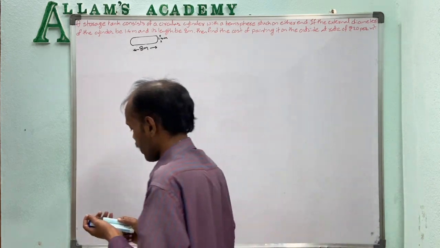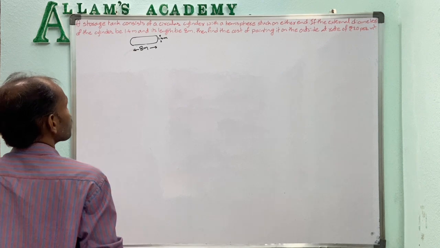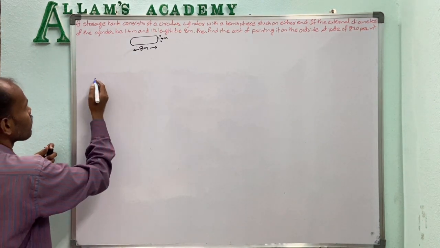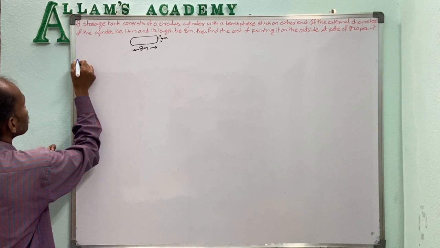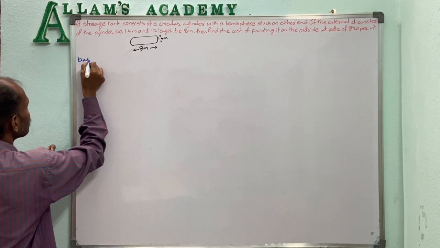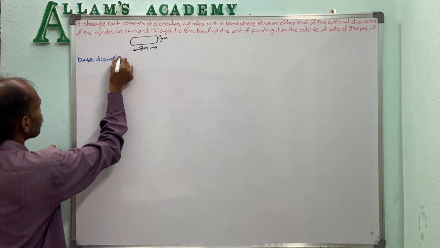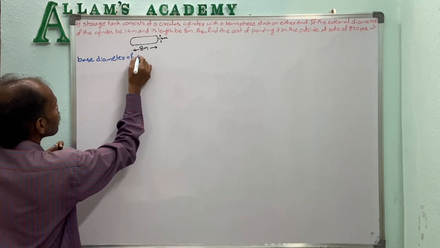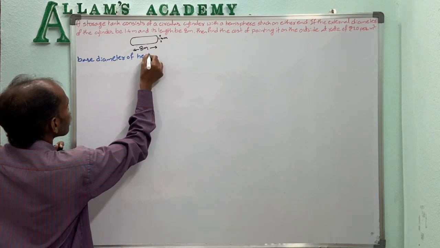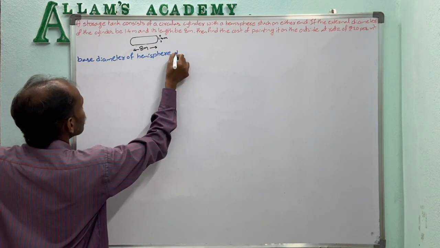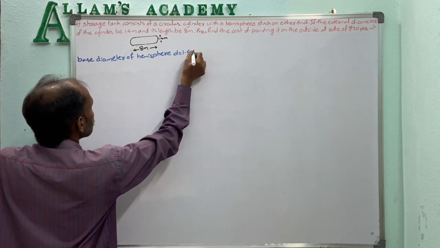First, from the given information, we find the curved surface area of a hemisphere. The base diameter of the hemisphere is 1.4 meters.